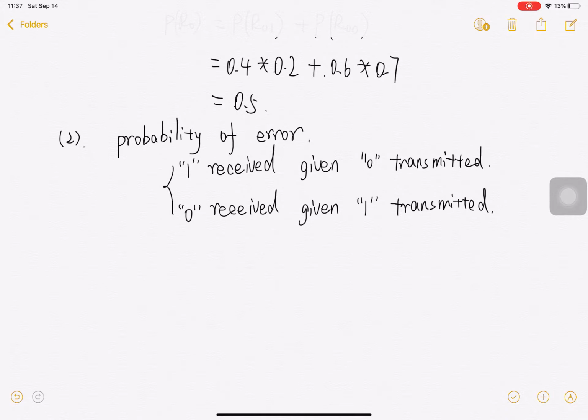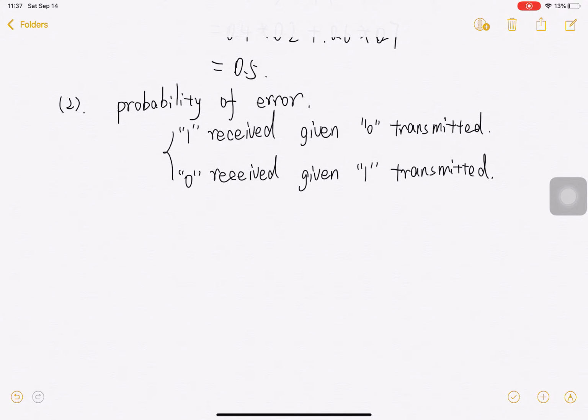So of course this is an error, and in order to get its probability, let's denote R error as the event of error, R10 as the event that 1 is received given 0 transmitted, and R01 denotes that 0 is received given 1 transmitted.